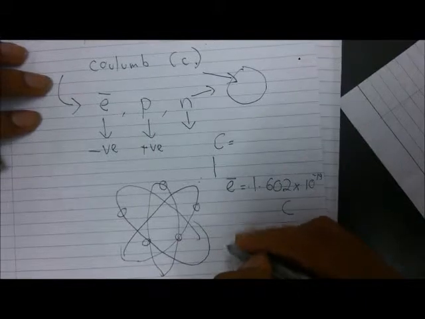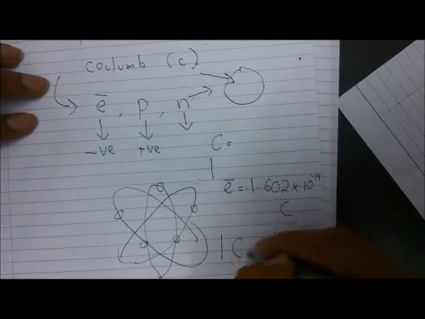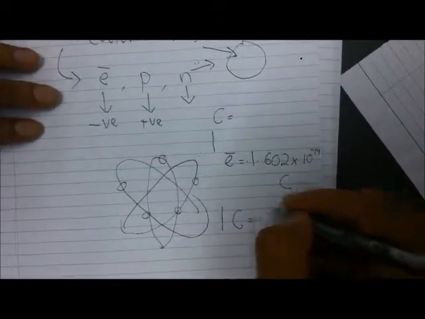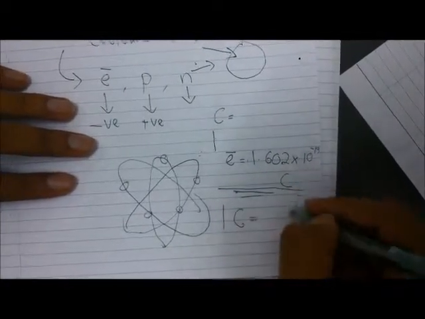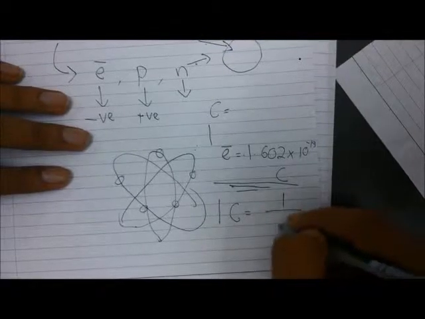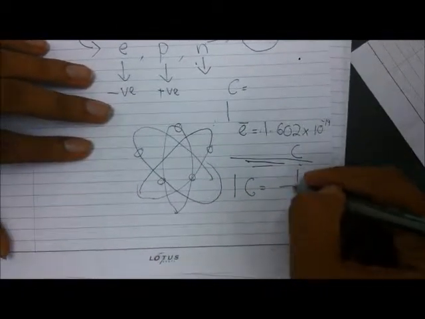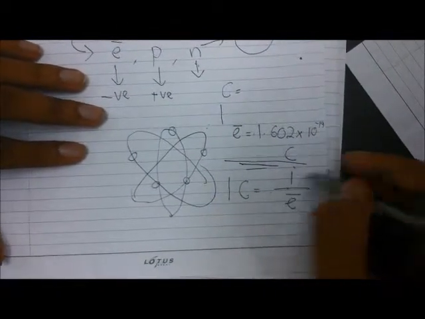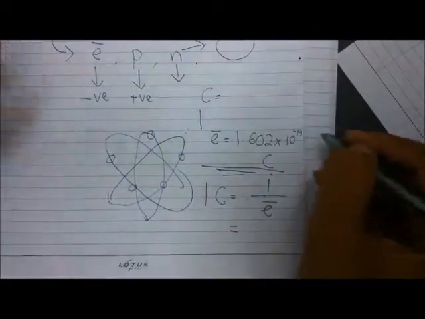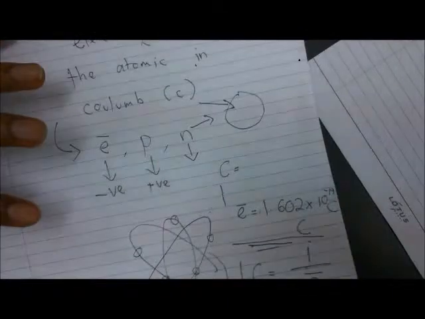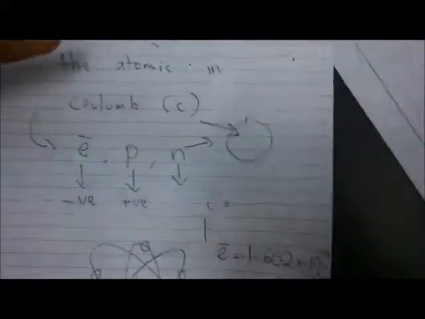If you want to know the value for 1 coulomb, we just divide 1 by the constant value of the electron, because the electron charge is 1.602 times 10 to the power of negative 19 coulomb. So this is basically what we are learning in electric charges, just a basic description.